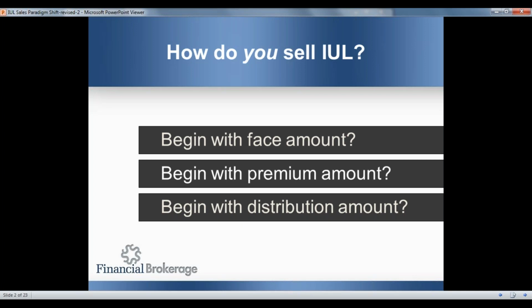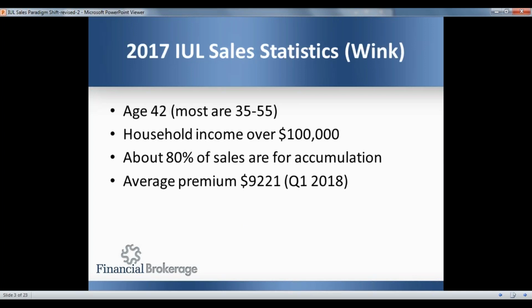But if you think about it, when we're selling IUL for income purposes, tax-free distributions usually in a person's retirement years, isn't this really a retirement planning sale? Why are we starting with the premium? We should probably start with the amount of money that the client wants to be receiving in retirement. That would make the most sense. And then maybe back into the premium, and along the way back into the face amount. So that's what we're going to cover this morning.